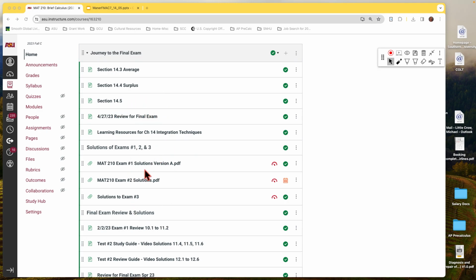But the best preparation for the final is to go back and review exam 1, exam 2, exam 3. I looked at spring's version of the final exam. I don't have this version, but it was, I believe, about 17 questions, a little bit longer than what we've been doing, which has been about 12.